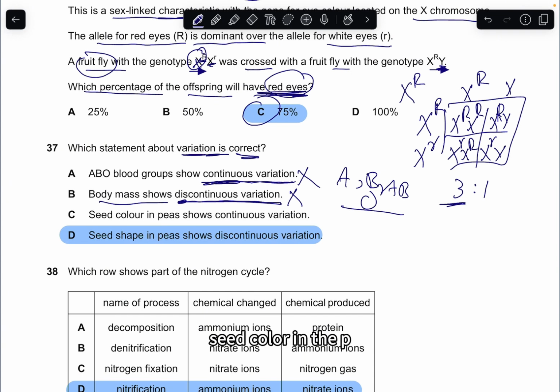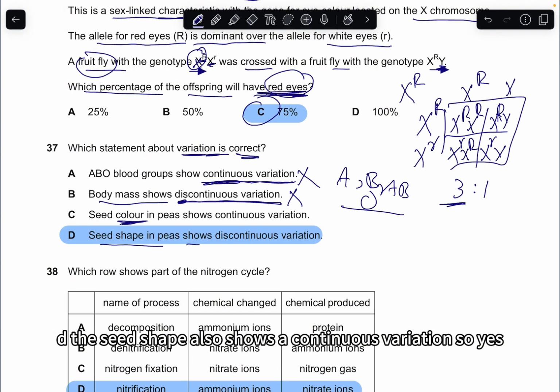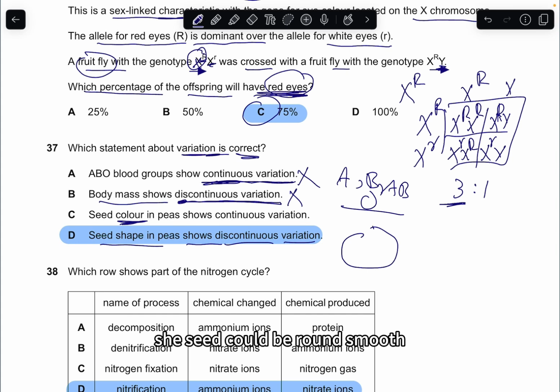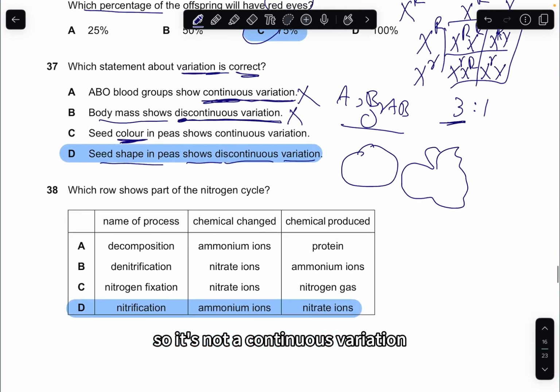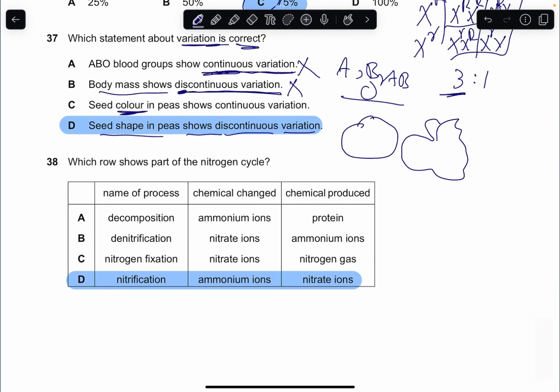Seed color in the pea is a discontinuous variation. And for D, the seed shape also shows a continuous variation. So yes, seed could be round, smooth, or it could be a little bit not smooth. So it's not a continuous variation.